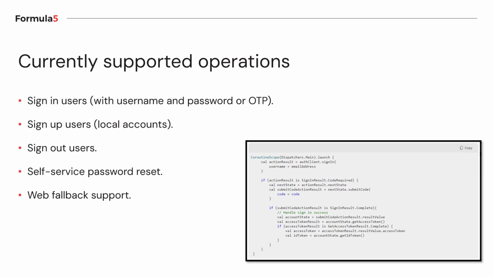MSAL will automatically open Safari on an iOS device, for instance, and from there we will be able to complete the specific operation. This is very important to mention: we can integrate this API in our application and craft our pages to perfection, but if for some reason we cannot achieve some scenario with the native authentication API, there is always this fallback support option for us.